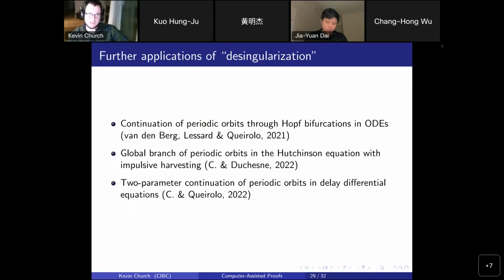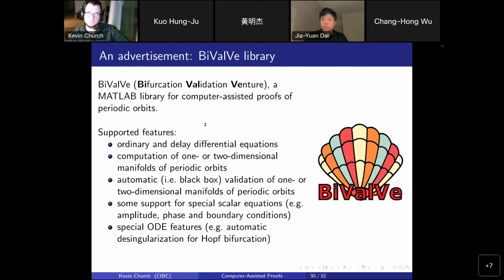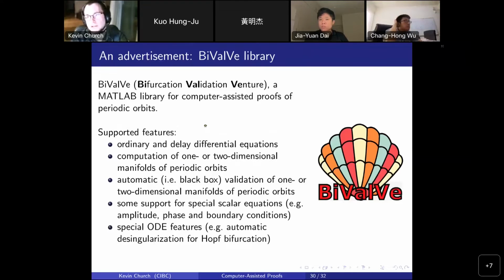And just as a bit of an advertisement, a lot of this has been made into a black box, to a point. Elena Carollo, who worked on that project I mentioned on continuation of periodic orbits in delay differential equations, wrote most of this library that we developed in MATLAB. It's called Bivalve, mostly because we wanted a cool name, but it kind of made sense.